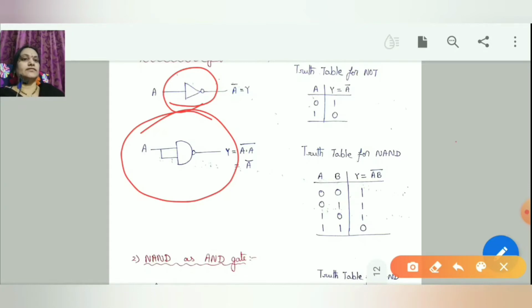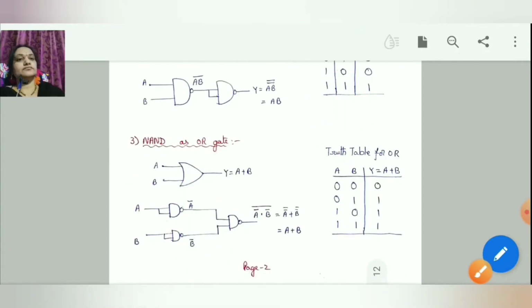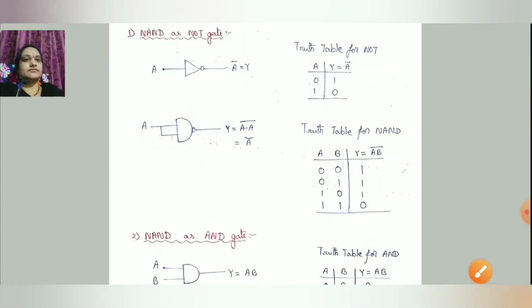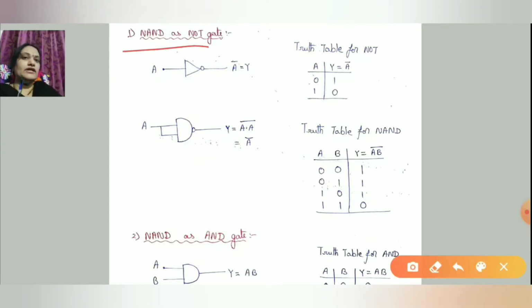That is why condition 1 is satisfied as NAND gate as NOT gate.